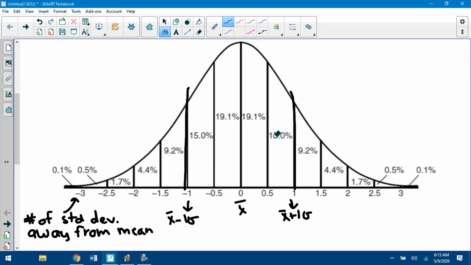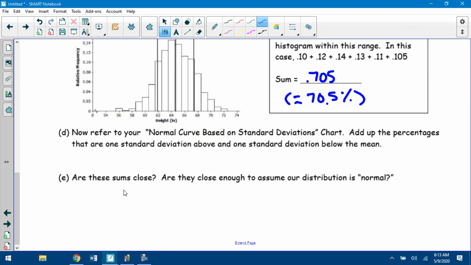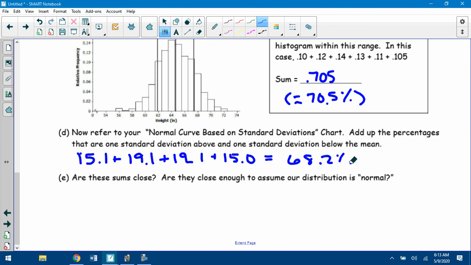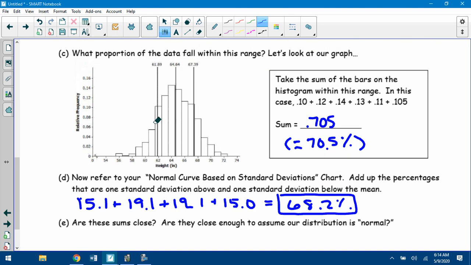So if I add all of those up, these are all percentages, 15.0 plus 19.1 plus 19.1 plus 15.0, it comes out to be 68.2%, which is pretty close to what this distribution told us.